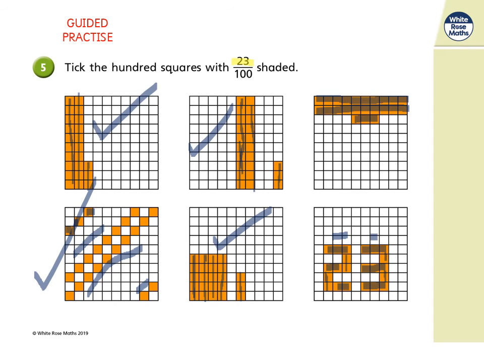Now, think to yourself, is this an example or a non-example of 23 100ths? Yes, you're correct. It is not an example of 23 hundredths. So we have this as an example and our other squares, but where they've put 23, they've given that shape with the squares. There's only 22 shaded out of 100, so that's not an example.